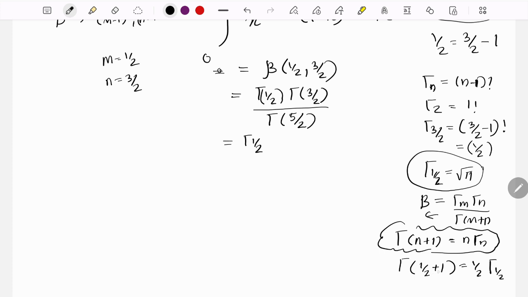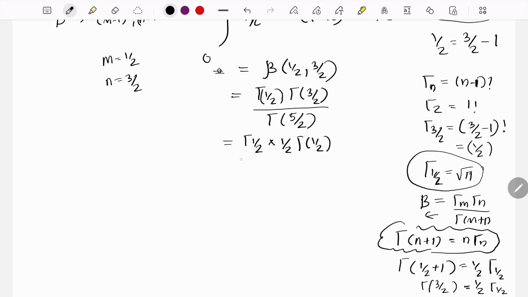This is equal to 1 by 2 plus 1, that is gamma of 3 by 2 is equal to 1 by 2 gamma of 1 by 2. So using this result, we can write gamma of 3 by 2 is 1 by 2 into gamma of 1 by 2.